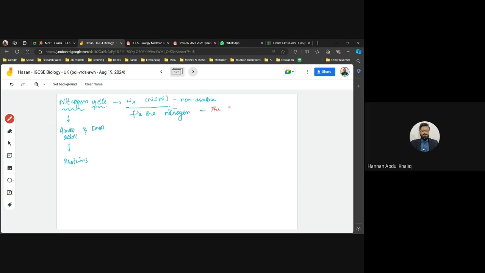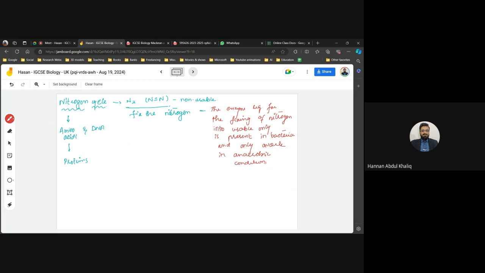The enzyme required for fixing of nitrogen into usable form is only present in bacteria and only works in anaerobic conditions.